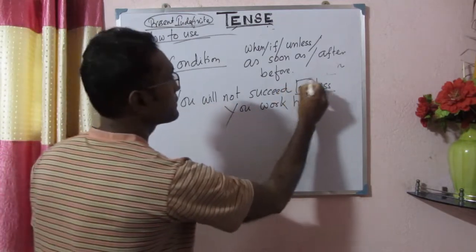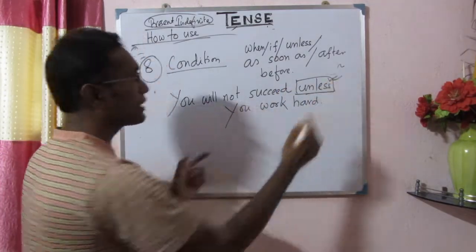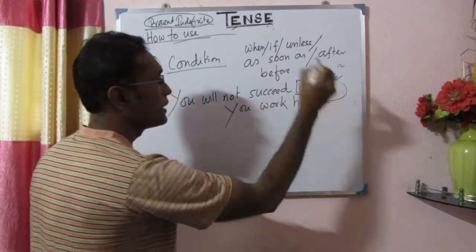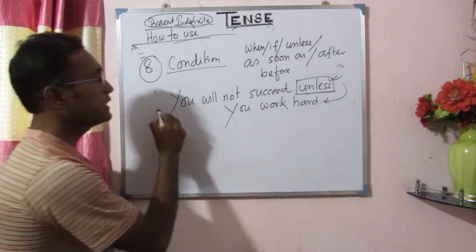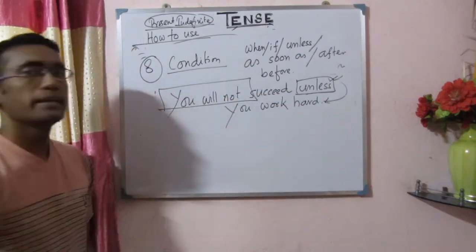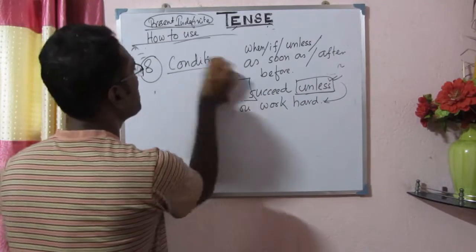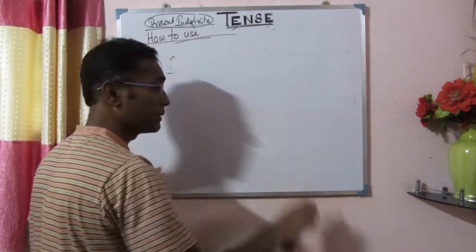So there is unless. When you use unless, when, if in your sentence, then after it you have to use present indefinite tense, and this part is in your future indefinite tense. I give another example. It's very important. Always remember that.